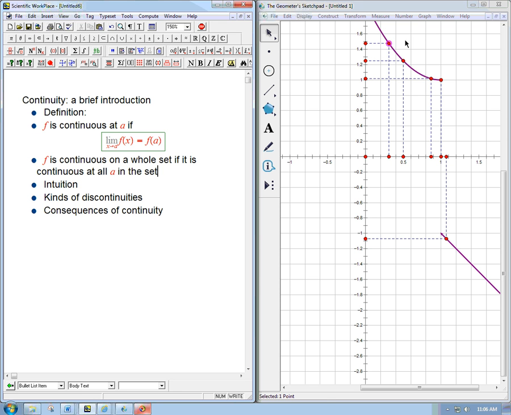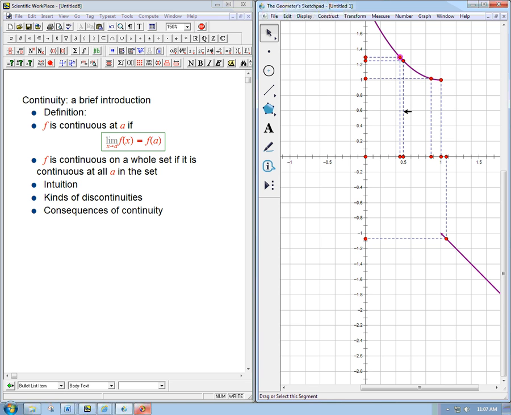Let's look at how this picture explicates that, and then we'll think about the intuition behind it a little bit more. Say I'm comparing these points: a equals 0.5 for one example and a equals 1 for another. At a equals 0.5, I look at the limit of f of x as x approaches a. x gets as close as I can get to a, and I look at what happens to the y values, because that's what is important about the function.